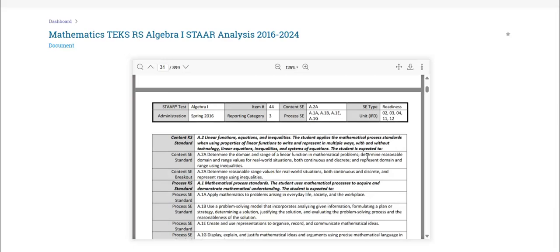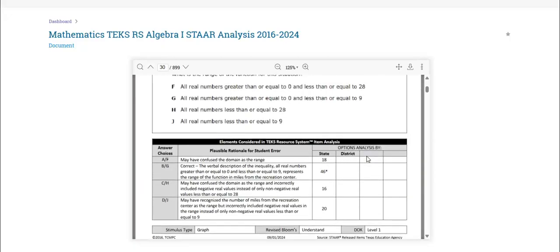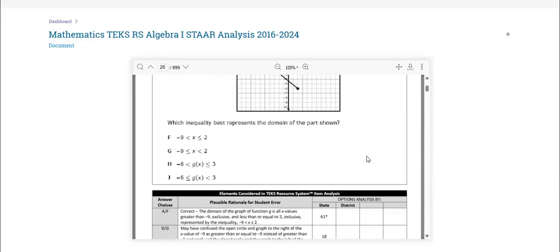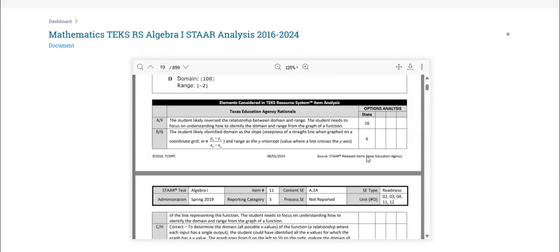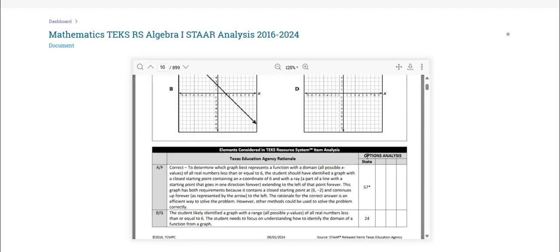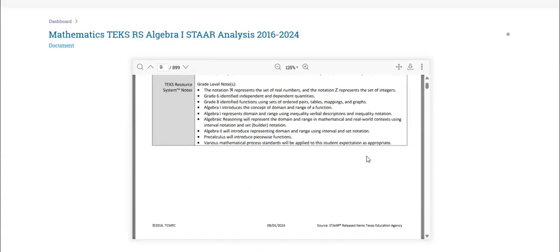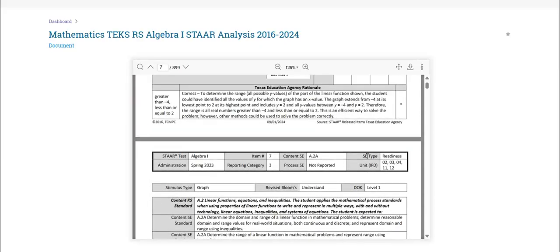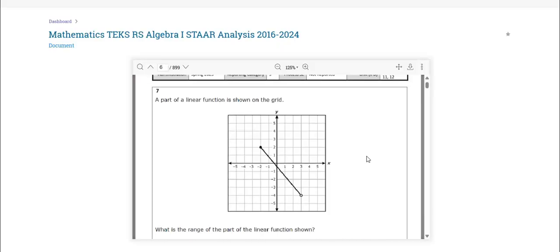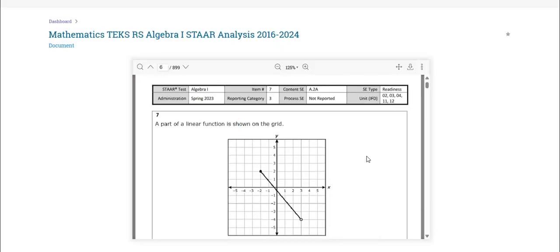So I want to say I counted 24. I may have counted 1 or 2 more than once, but that means that this SE 8.2a has been tested 24 different times between 2016 to 2024. So that's a pretty heavily tested standard.